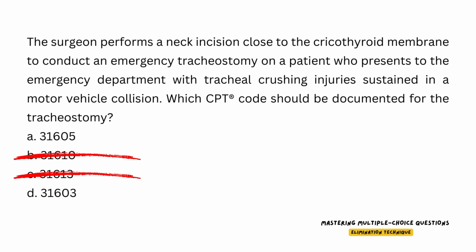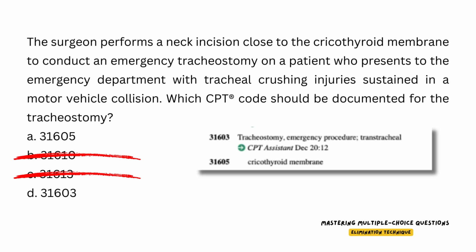The last remaining choices, 31603 and 31605, both represent emergency tracheostomies. The difference lies in the words that follow the semicolon in code 31603. Any word or words after the semicolon in a CPT code description represent aspects of the service that are unique unto itself.